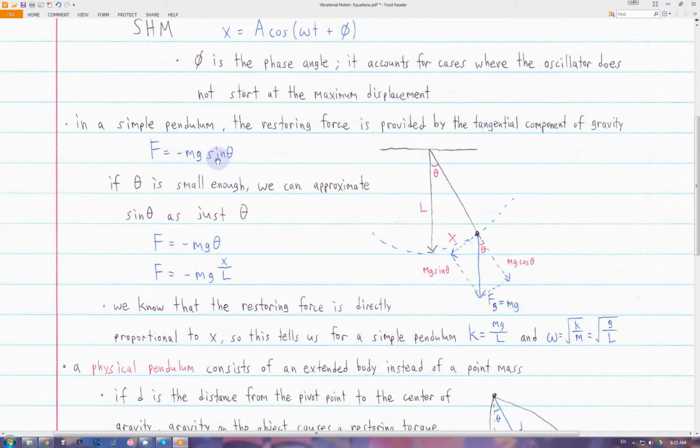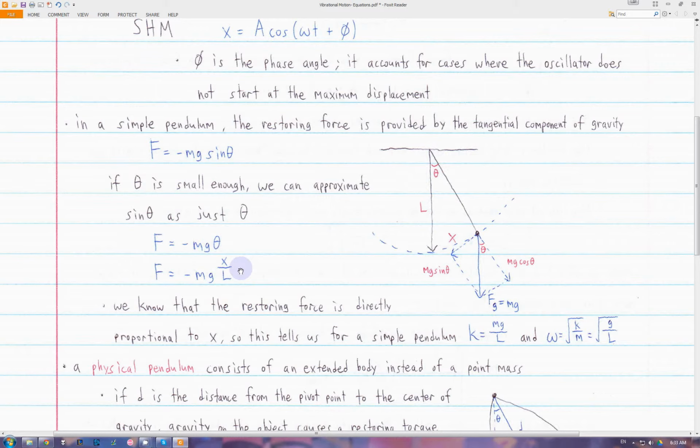However, if the angle here is small enough, then we can approximate the sine of theta as just theta. So we can approximate this as simple harmonic motion when this angle is small. So we have the force is just negative mg times theta, and using the definition of a radian, the angle is just the arc length divided by the radius.